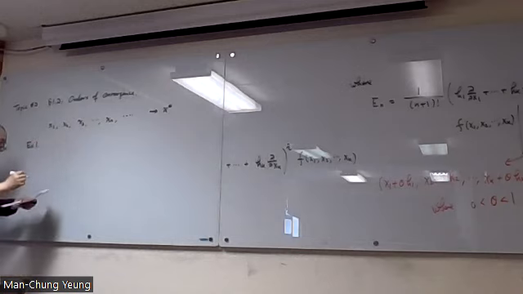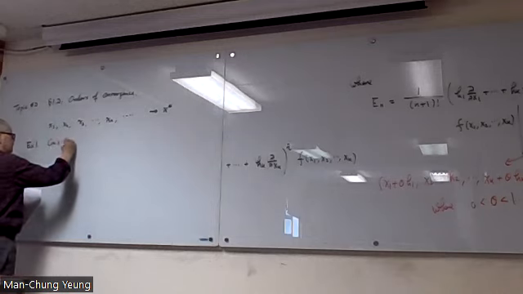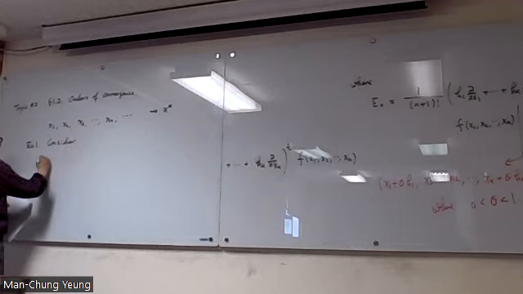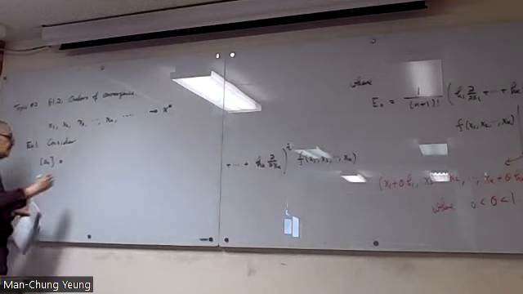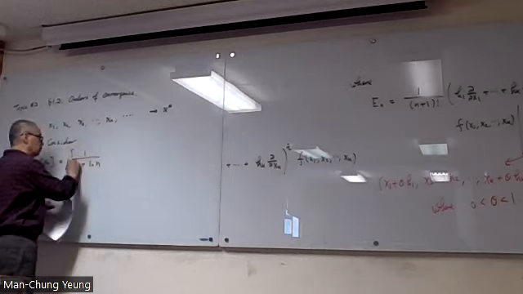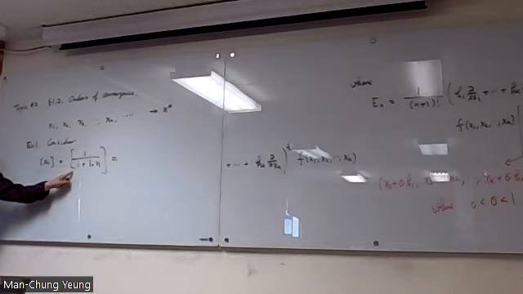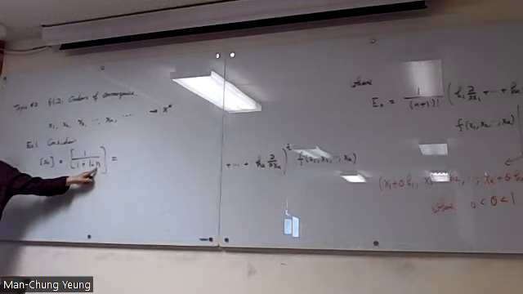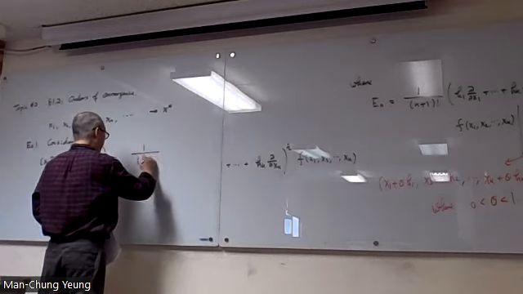Example 1: consider the following three sequences. Consider the first sequence, xn, with general term xn equals 1 over 1 plus log n. If we expand this sequence, the first term, n is 1: 1 over 1 plus log of 1.